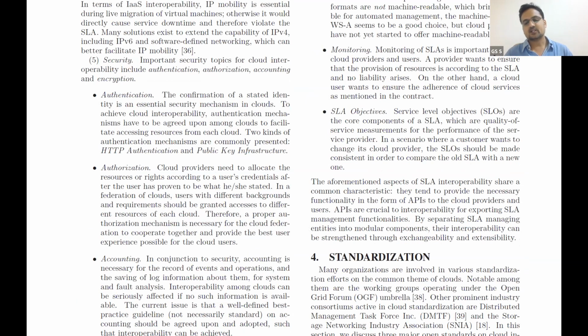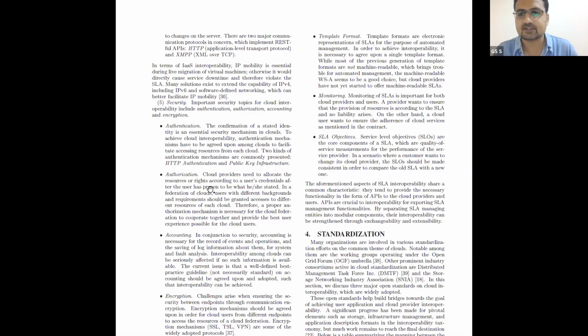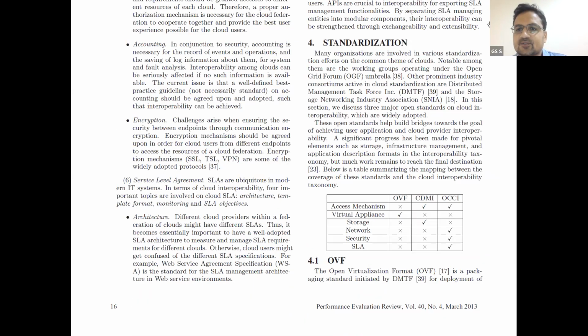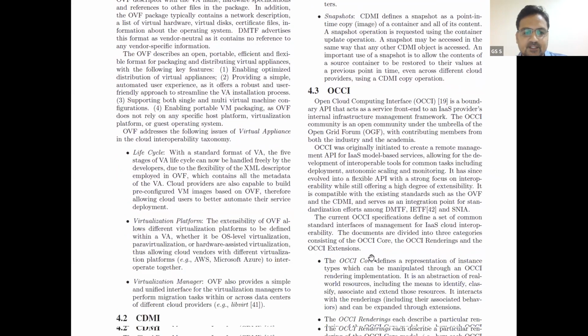Okay. Now I would spend a couple of minutes on standardization activities, that is, what are the companies, what are the organizations involved in cloud standardization. You may want to note down their names. OVF, which is Open Virtual Machine Format. This format creates virtual machine disks in an open format, so that you can move from one cloud to another cloud, one hypervisor to another hypervisor, right?